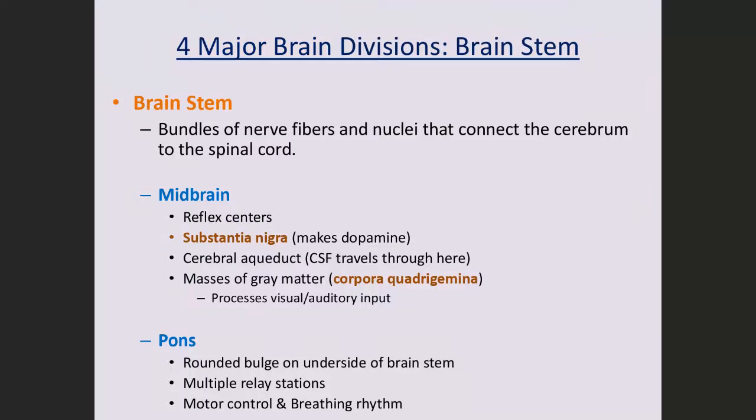The last part of the brain is going to be that brain stem. So if you're thinking about the brain, cerebellum, you've got your diencephalon, and then this whole thing that's coming down is your brainstem. That's your cerebellum over there. And so that brainstem is actually going to be a bundle of nerve fibers and nuclei that are going to connect between the cerebrum and the spinal cord.